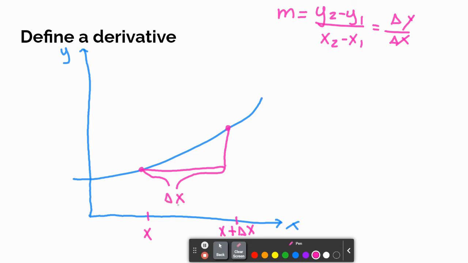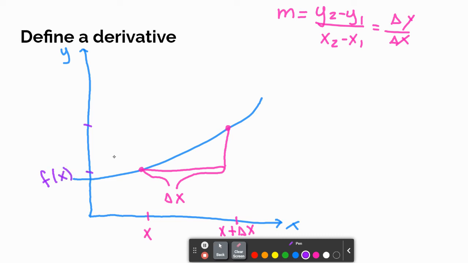So that side is pretty easy. But what about for my y values, right? So if I go over here and I mark off where those y values are for these points, maybe I start at, I'll just call this one f of x.